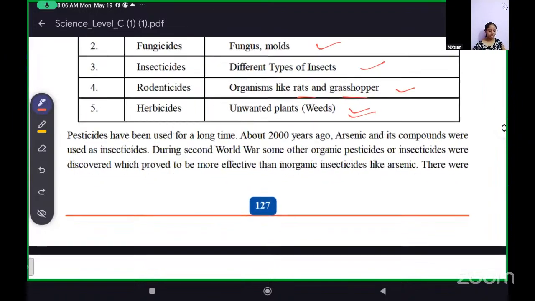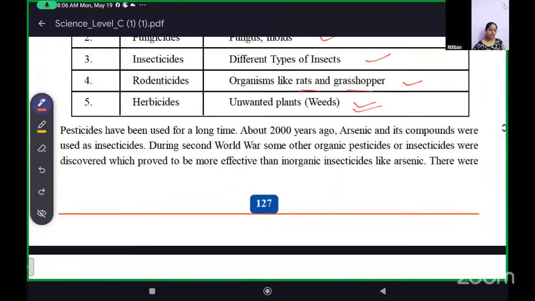Pesticides have been used for a long time. About 2000 years ago, arsenic and its compounds were used as insecticides. During the Second World War, some other organic pesticides and insecticides were discovered, which proved to be more effective than inorganic insecticides like arsenic.